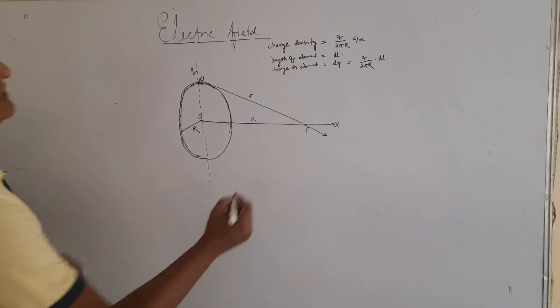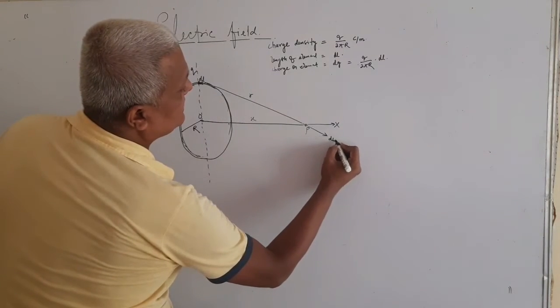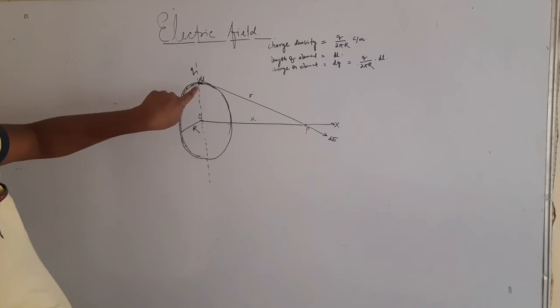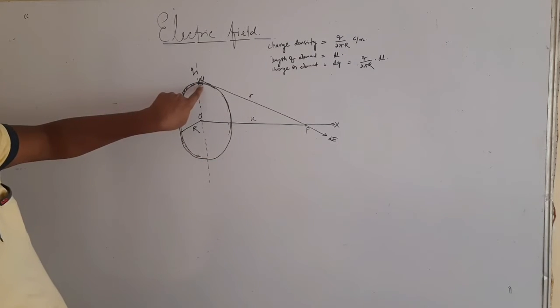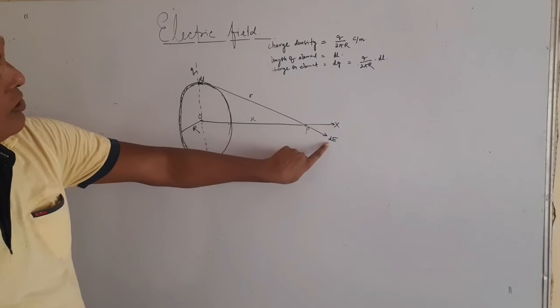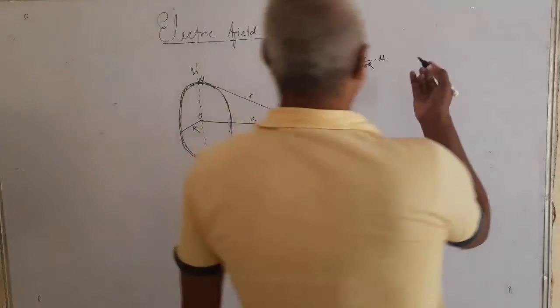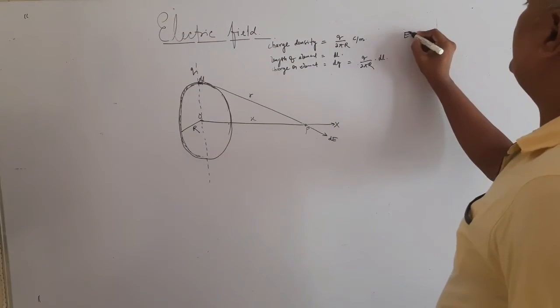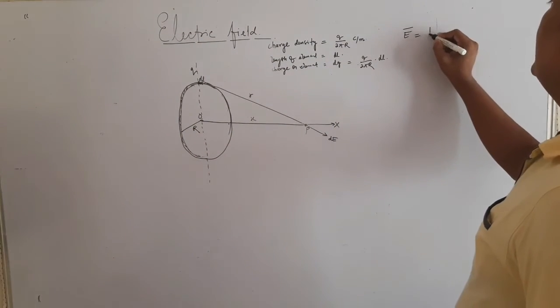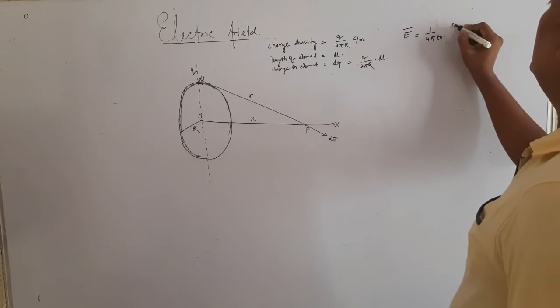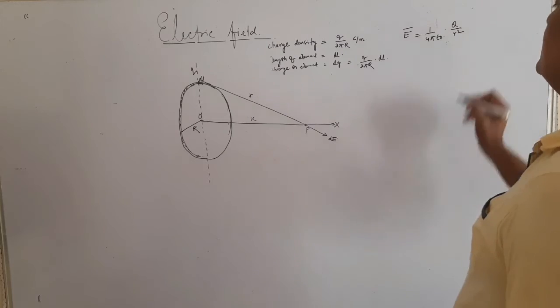Okay, so this I call dE, meaning the small electric field due to only this part. So this I am calling dE. You know the electric field formula, you just saw that the electric field E bar we write as 1 by 4 pi epsilon naught q over r square.